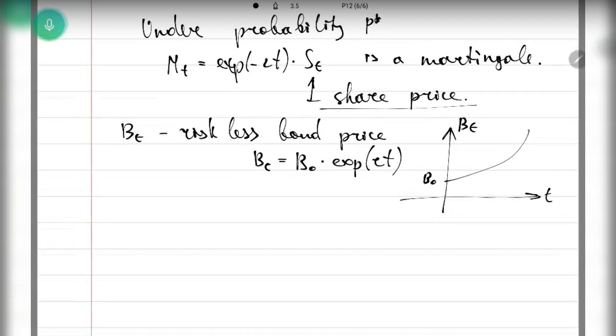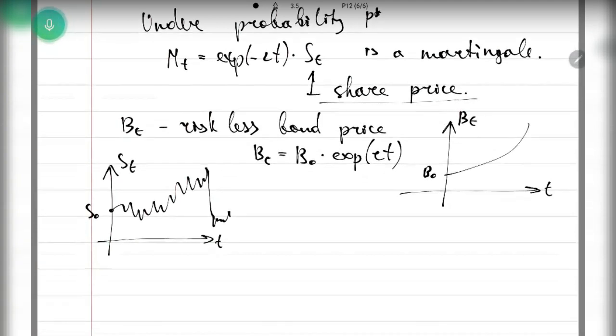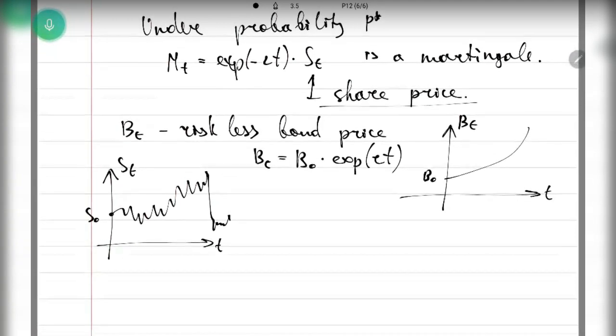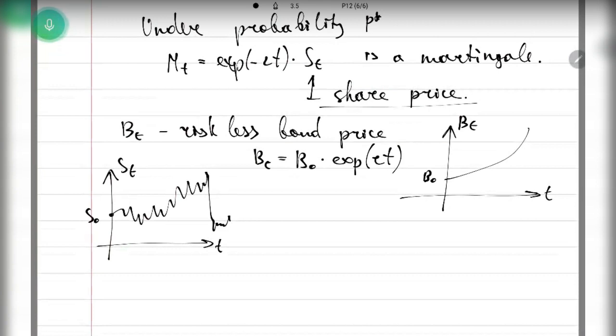The share is risky, so that's a share S0. Oops, it may go down, I don't know. BT is the riskless bond. If I consider the discounted bond price, what do I get?